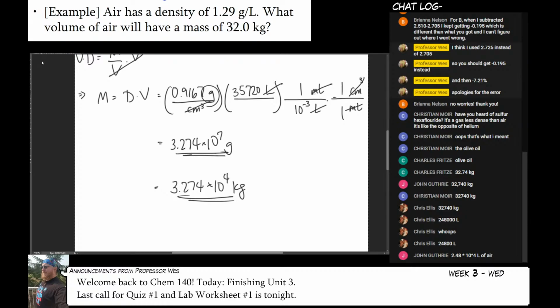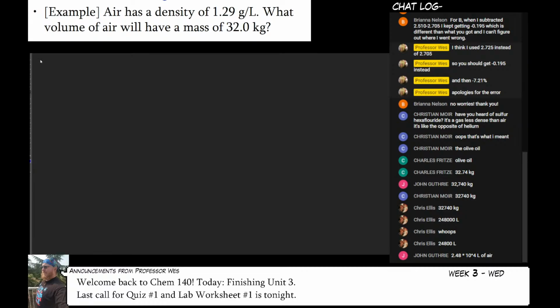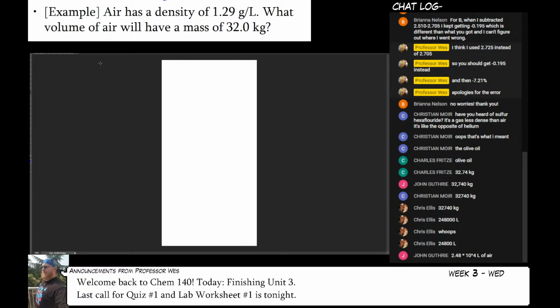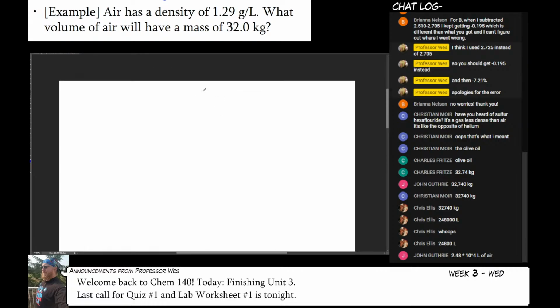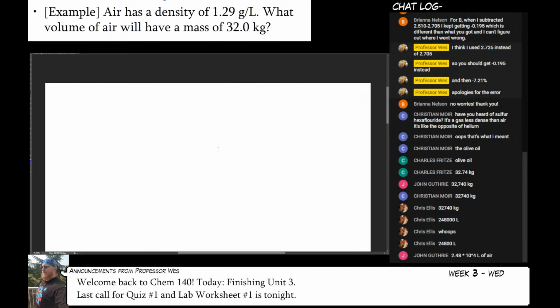This happened last period. Close. No. Alright, I can write on it again. Okay. Sorry about that. I don't know why that keeps happening. I'm hitting some sort of keyboard button and starting a shortcut that locks me out of being able to draw.